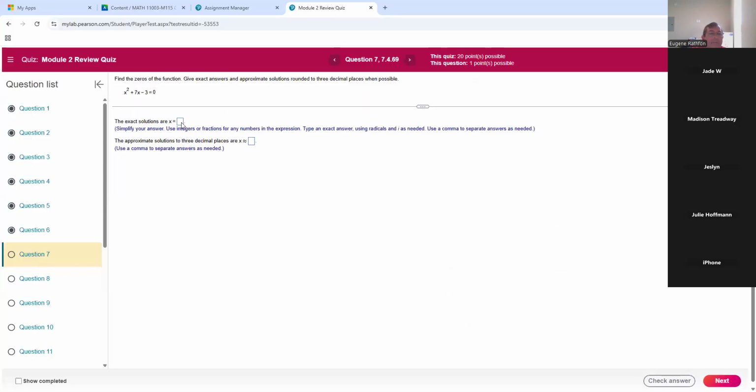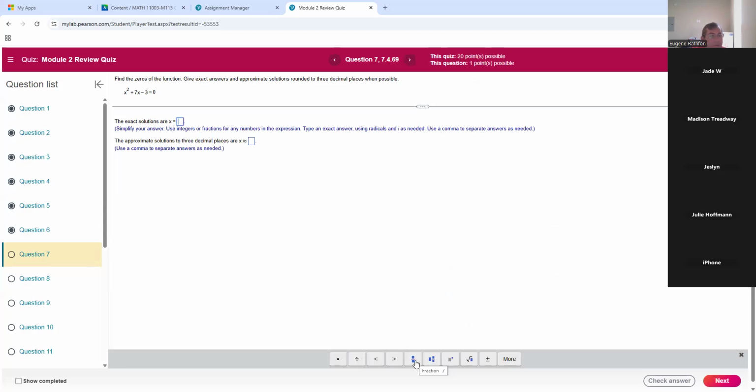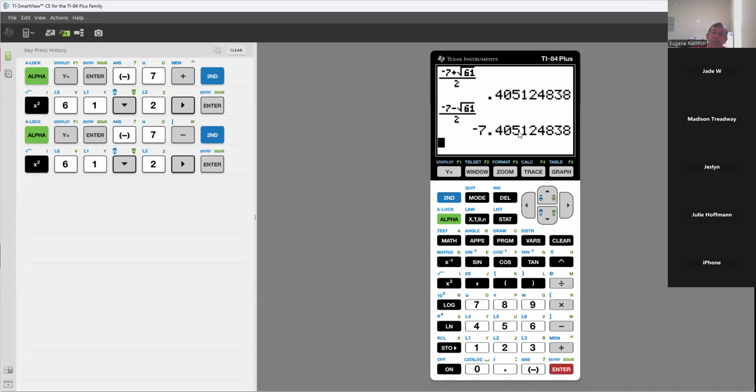All right, so the exact solution. I'm going to hit the fraction down here first. So let me see what y'all are talking about. So Jasmine, on this one, they're talking about 3 decimal places. So that's after the decimal.